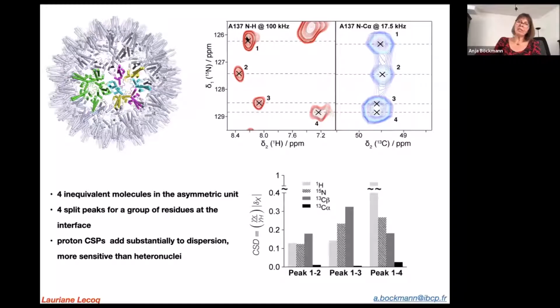And here you can see the equivalent region in the NH spectrum. You can see that the dispersion in the proton dimension really adds to be able to distinguish these different forms from one another, where the C-alpha chemical shifts are more or less the same and do not resolve these structural differences. So the proton chemical shifts really add something here in order to separate these signals.